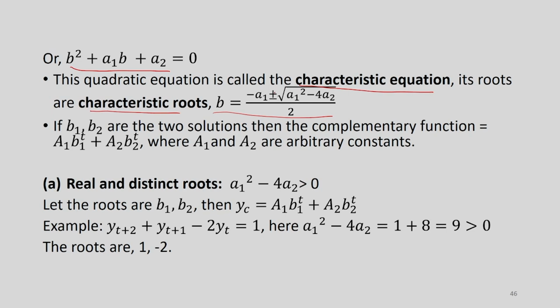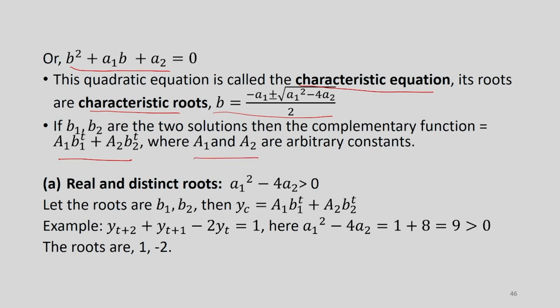If we take the plus sign, that gives one root, and taking the minus sign gives the second root. If b1 and b2 are the two solutions, then the complementary function is written as capital A1 b1 to the power t plus capital A2 b2 to the power t, where A1 and A2 are arbitrary constants.